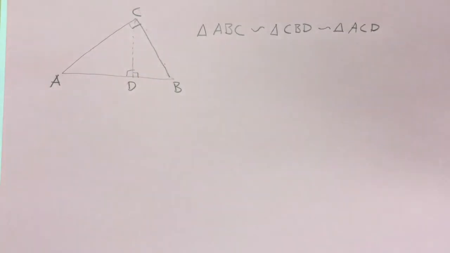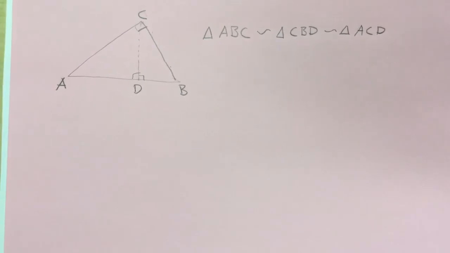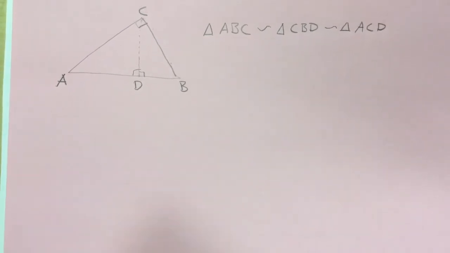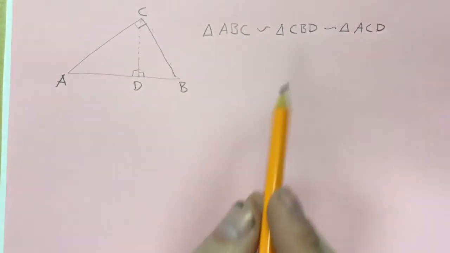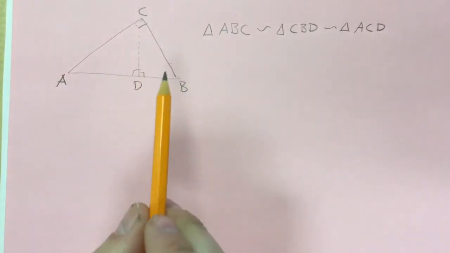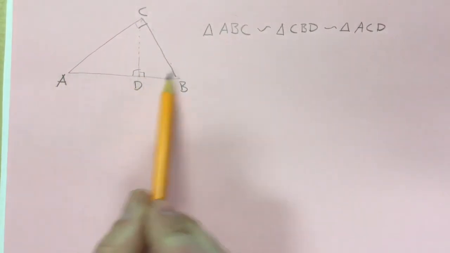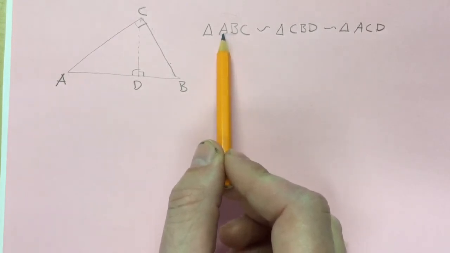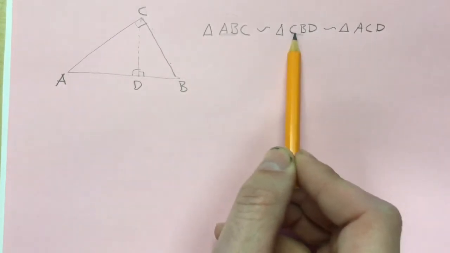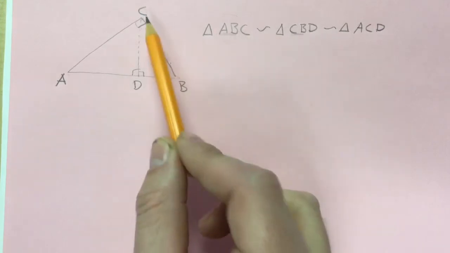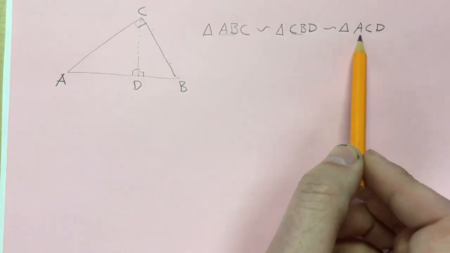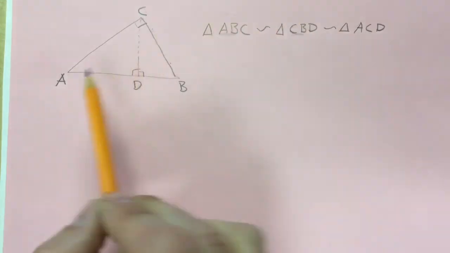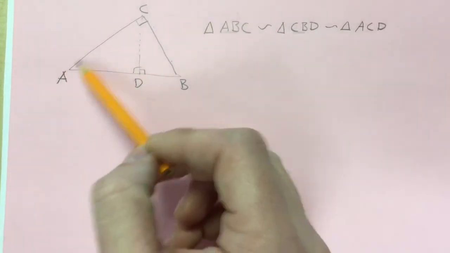And then you want to be able to spot corresponding sides of all of these three triangles. So if I'm looking at the whole big triangle, the hypotenuse is AB, as I can see right here. And then that must mean that the hypotenuse of the triangle on the right is CB, because it's in the first two positions there. And then of ACD, the hypotenuse must be AC of this left triangle, which it is.